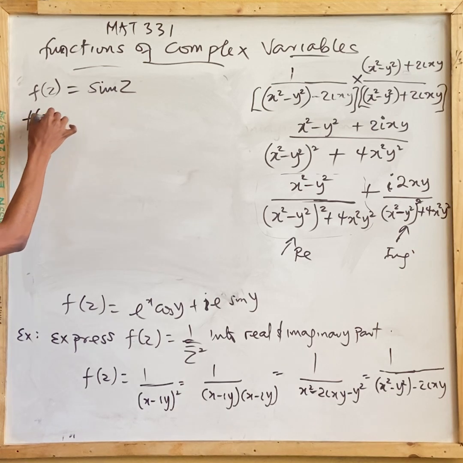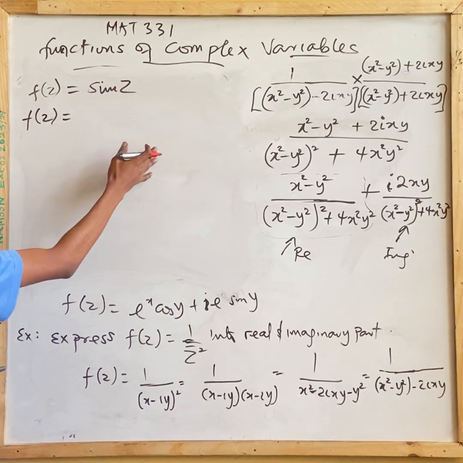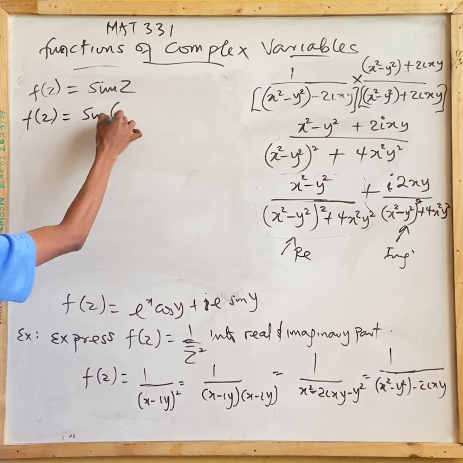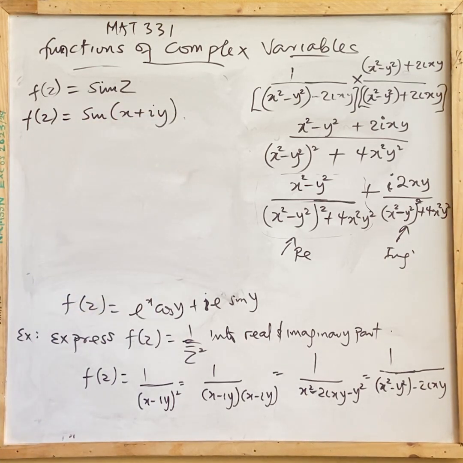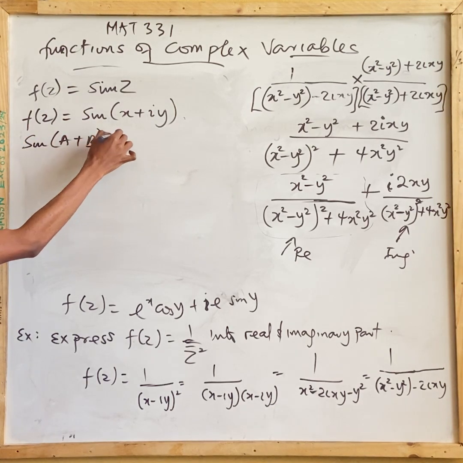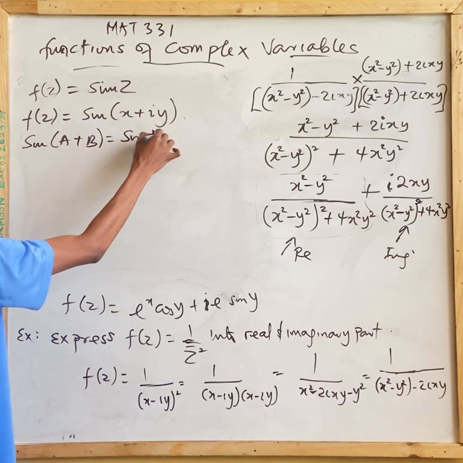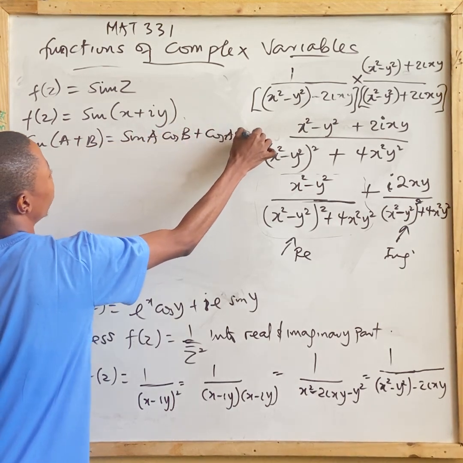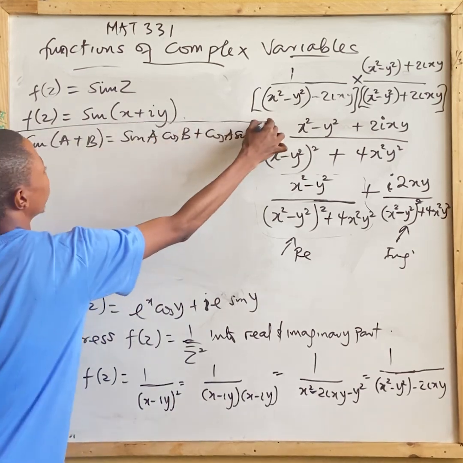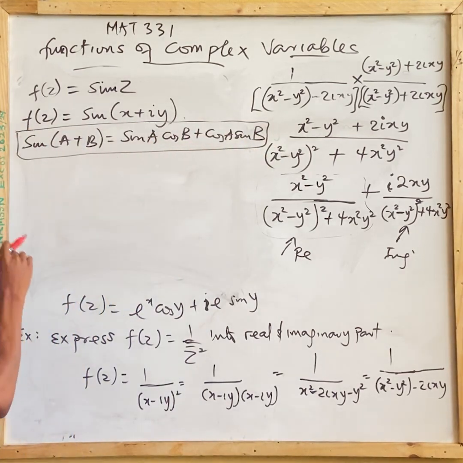So f of z equals, we know that z equals x plus iy. This will be sine of x plus iy. And you remember from elementary trig that sine of a plus b equals sine a cos b plus cos a sine b, right? So let's mark this.